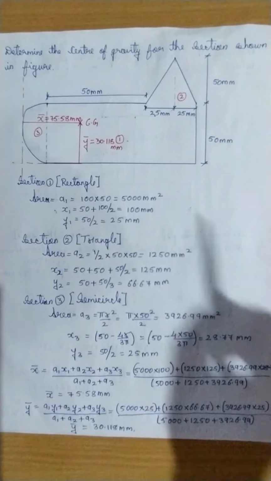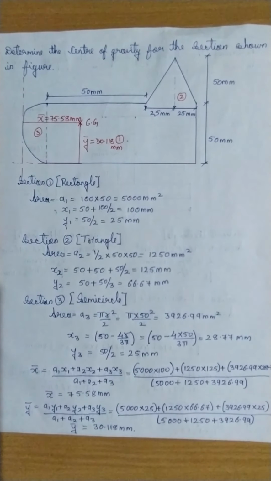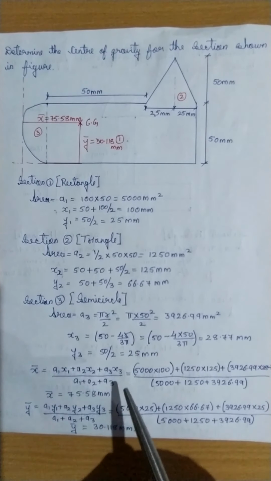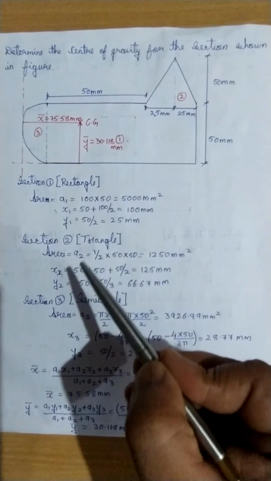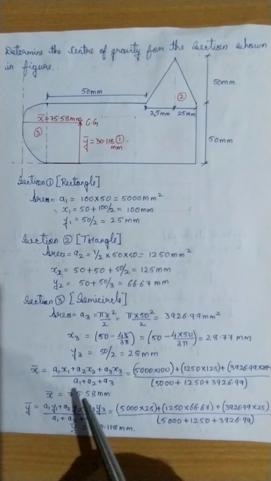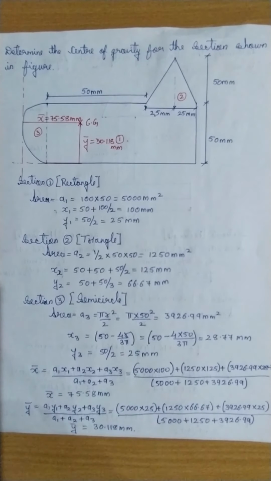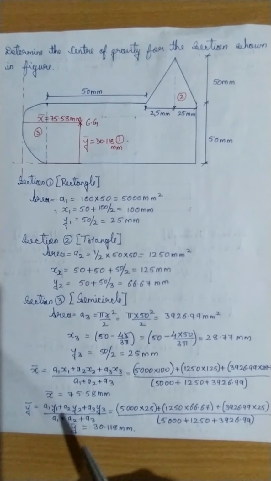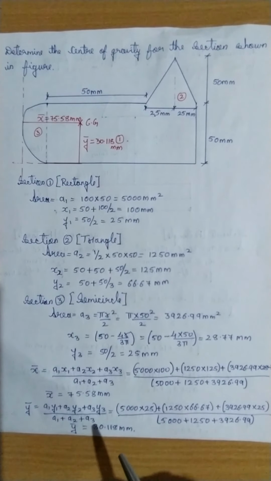Now again in this numerical you can see there are 3 geometries. So the x bar formula will be A1 x1 plus A2 x2 plus A3 x3 divided by A1 plus A2 plus A3. Substituting A1 x1, A2 x2, A3 x3 in the formula, it works out to be 75.5 mm. Now for y bar, the formula is A1 y1 plus A2 y2 plus A3 y3 divided by A1 plus A2 plus A3.